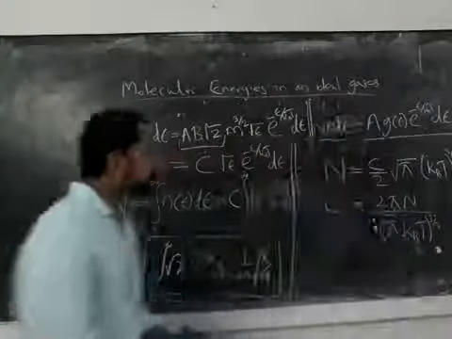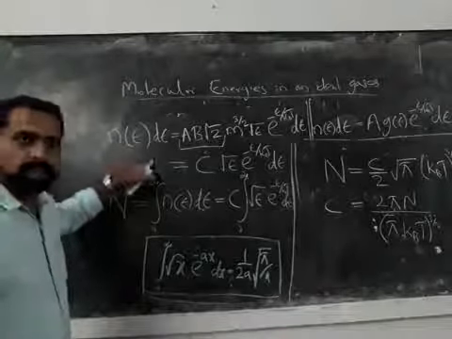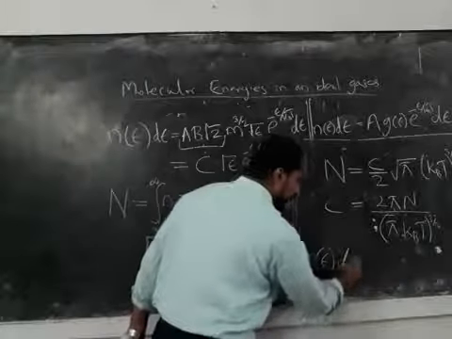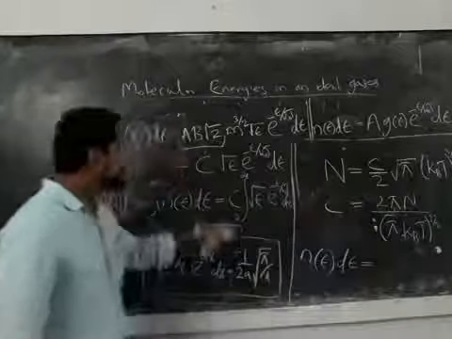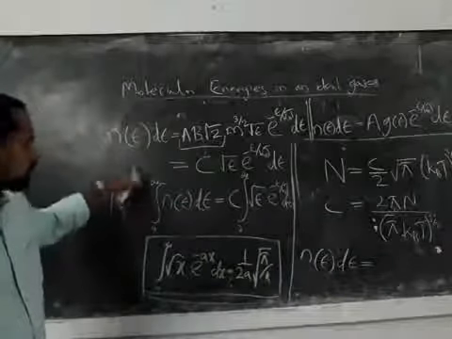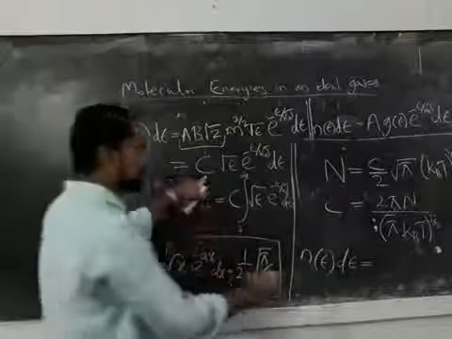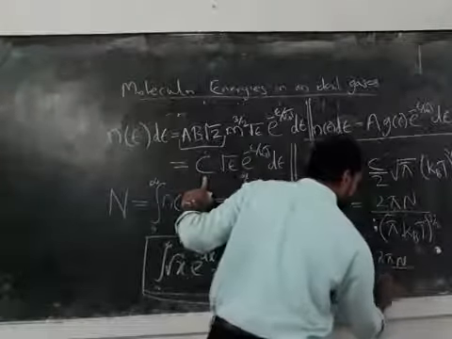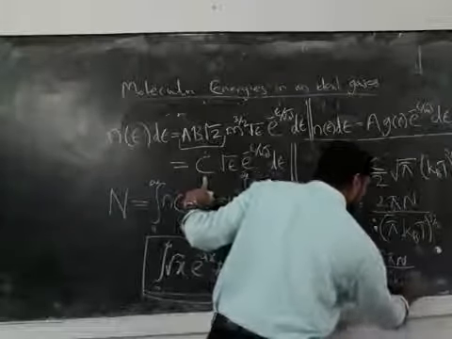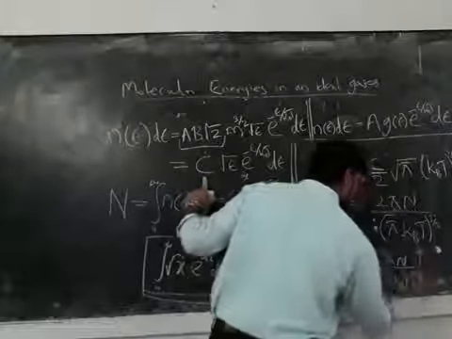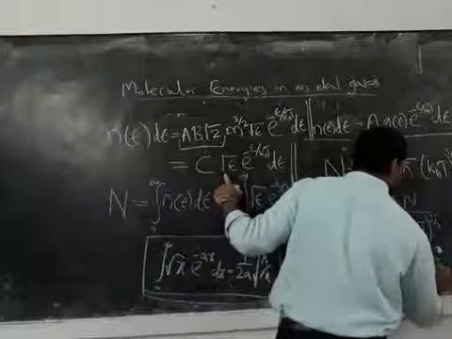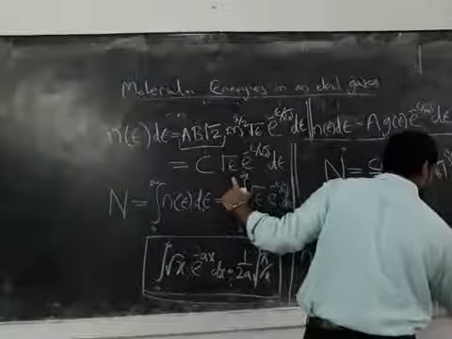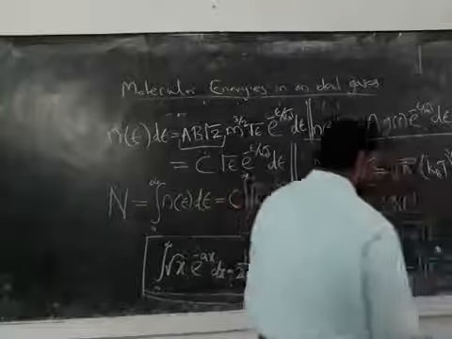Now we will go to our distribution of energies. The number of particles having energies between epsilon and epsilon plus d epsilon is equal to, instead of C, you will keep this one, that is 2 pi N divided by pi kBT raised to 3 by 2, then root epsilon e raised to minus epsilon by kBT, d epsilon.